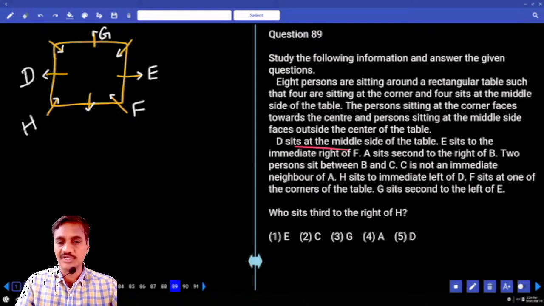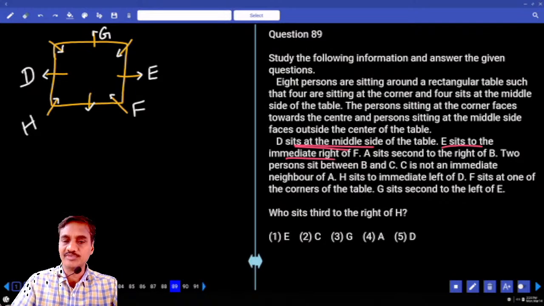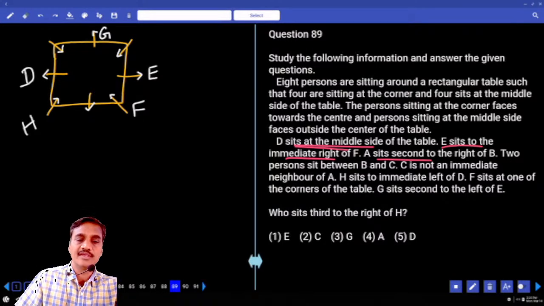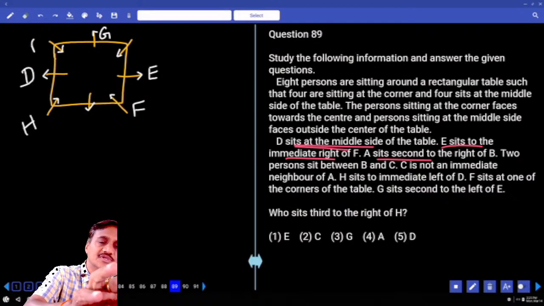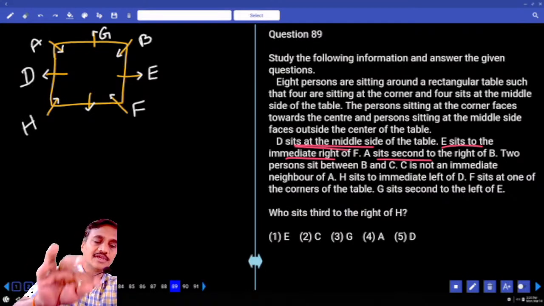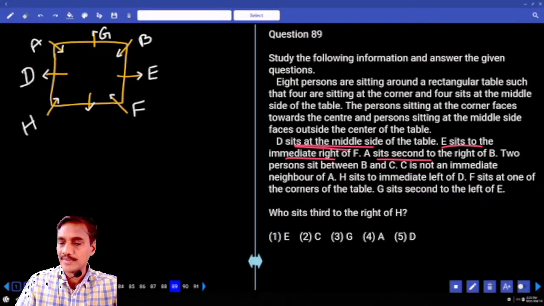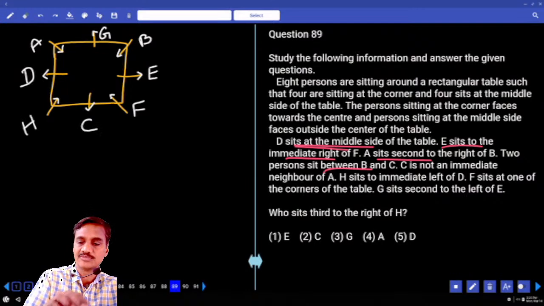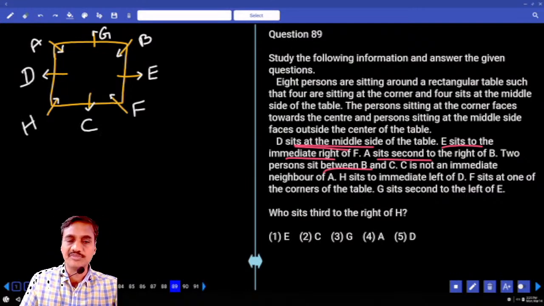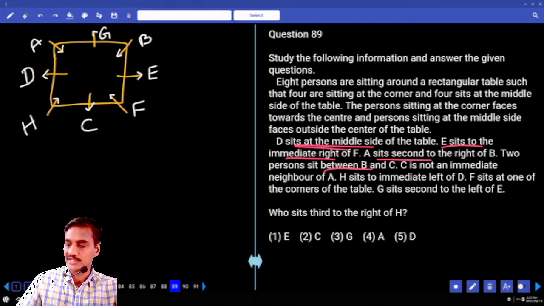A is seated second to the right of B. This is A and this is B. With 2 persons between B and C, C must be here. C is not an immediate neighbor of A. H sits to the immediate left of D. Done with this, and this is the final arrangement we have.